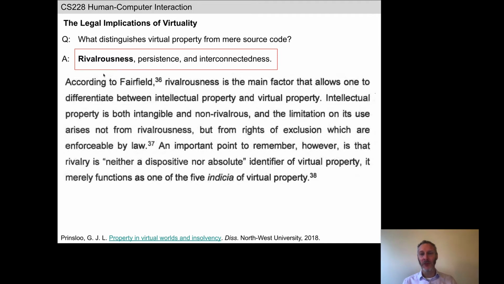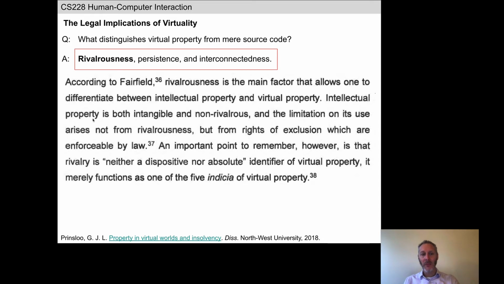Let's start with rivalrousness. What does that mean? Well, it means that a system that is rivalrous usually can only be used or owned by one person at a time. There is a rivalry for possession or ownership or use in some way. Prinsloo illustrates this by contrasting virtual property with intellectual property.